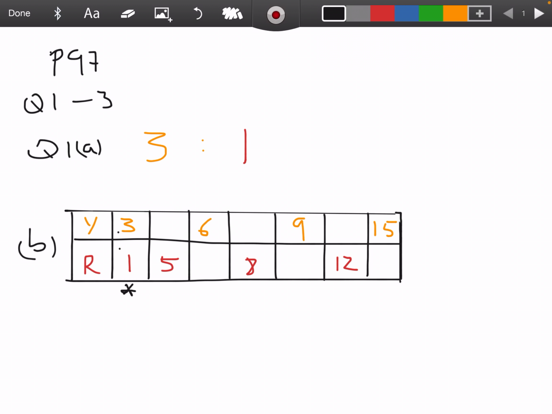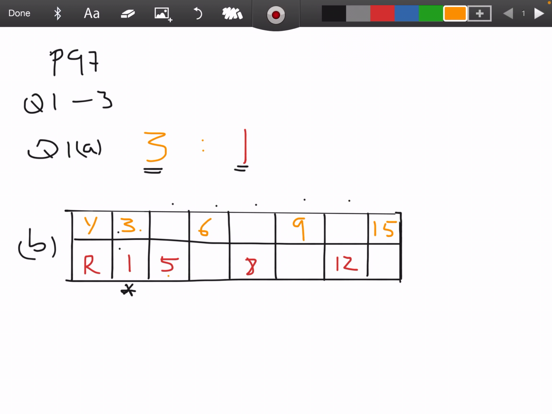And in part B, it's asking you to match that. So you can see there has to be 3 times as much yellow paint as there is red paint. So we're going to use that ratio to match it up all the way along the rest of this table. So you can see in the first one it says 3 is to 1, like we know, and again then you just keep moving up and see if you've got 5 parts red, how many parts yellow that we need to have.